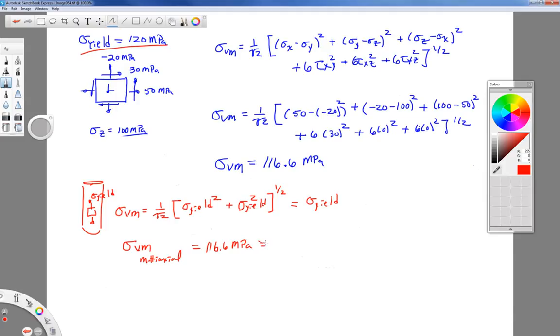I'm going to put a question mark here. Is it greater than or equal to 120 megapascals? All right, so if we look at this, it's not. So this theory says it does not yield.